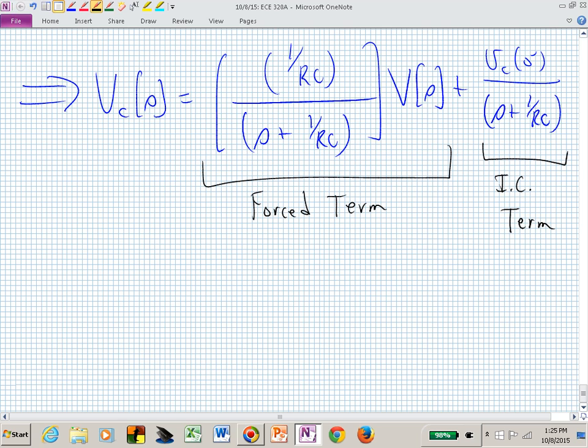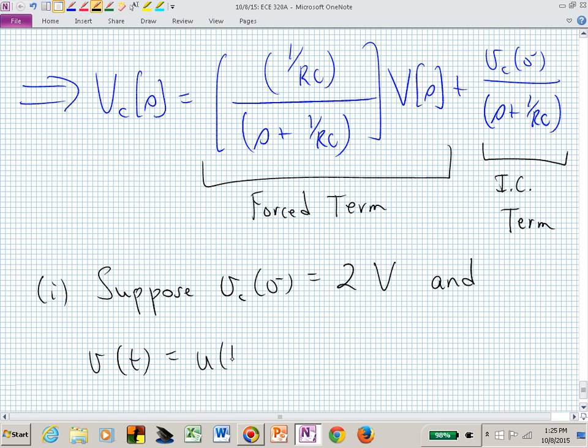Suppose now that somebody says, oh, you know what? The initial condition on that capacitor was 2 volts. And suppose that they also say that we're going to apply as our input voltage waveform u of t, or the unit step.